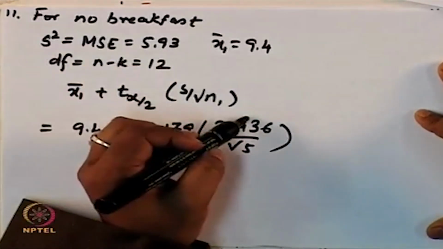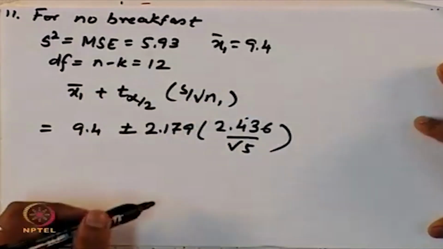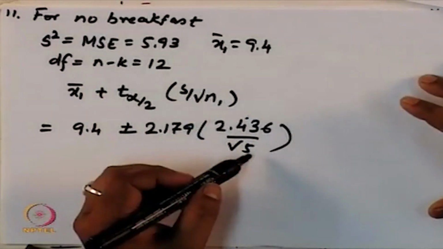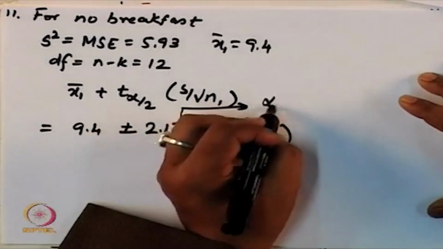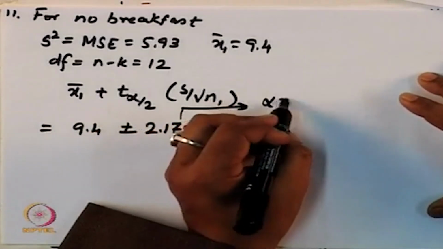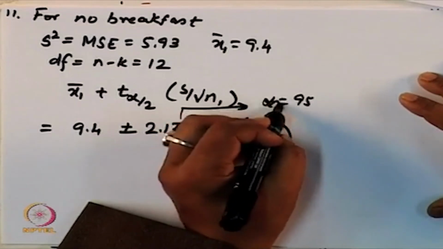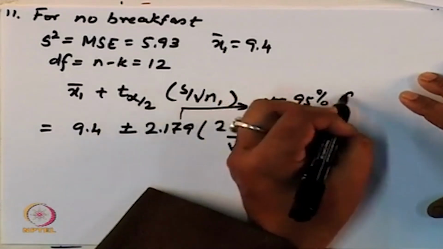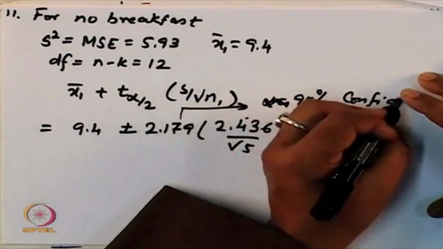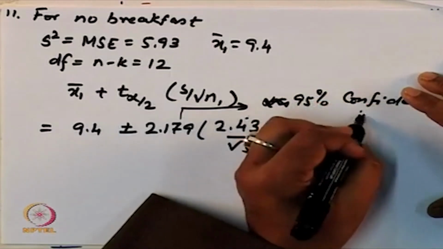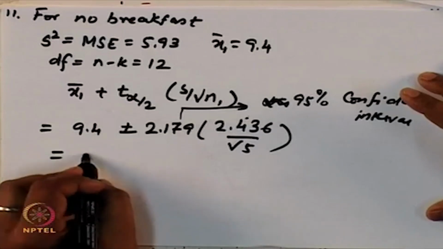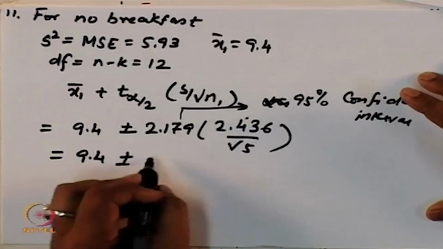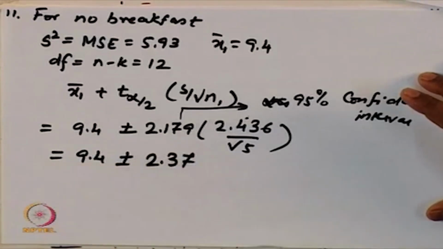This is S square, so you can compute the value of s as root of this value, and n1 was equal to 5. This is the confidence interval corresponding to 95% confidence. So, this would come out to be 9.4 plus minus 2.37.